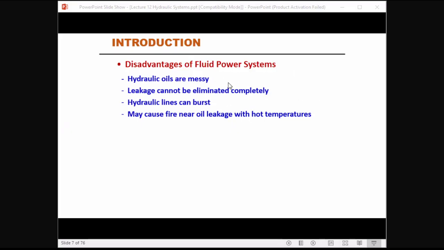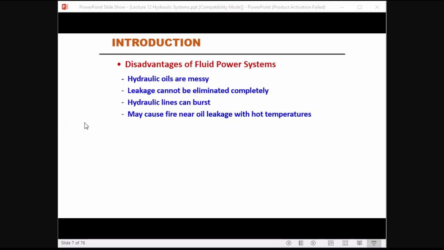Some degree of leakage is inevitable in fluid power systems, which can reduce efficiency and increase maintenance needs.